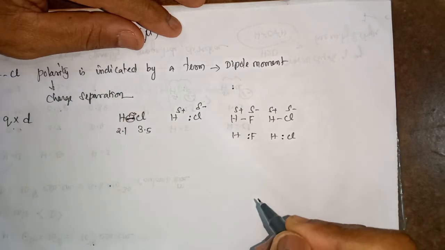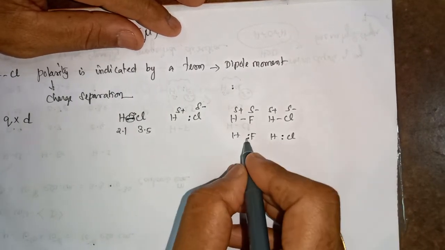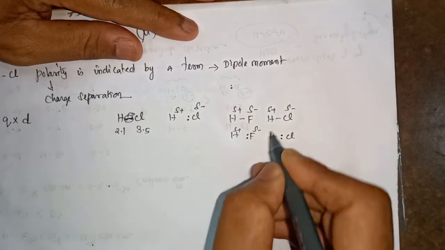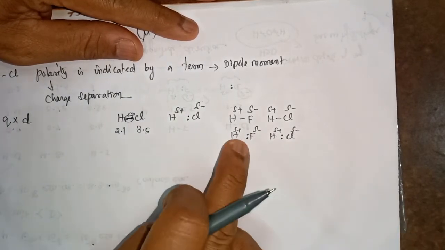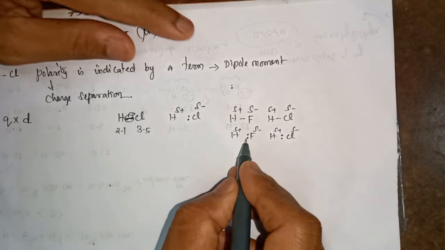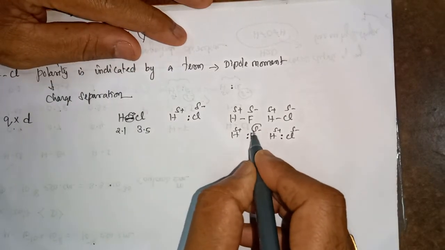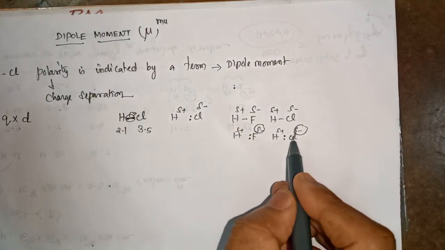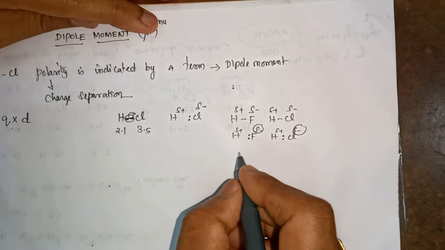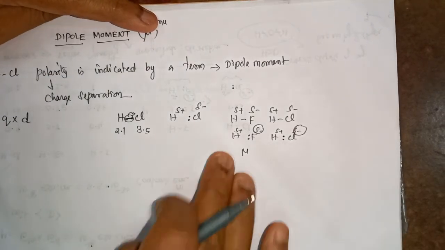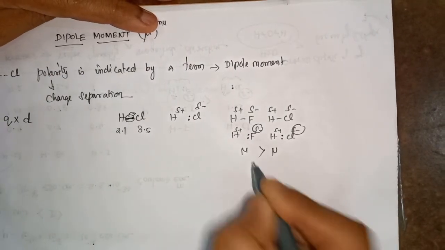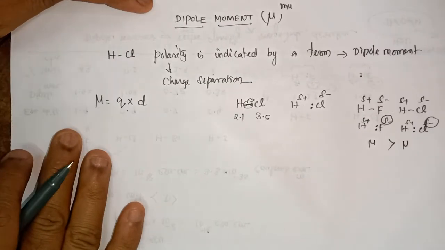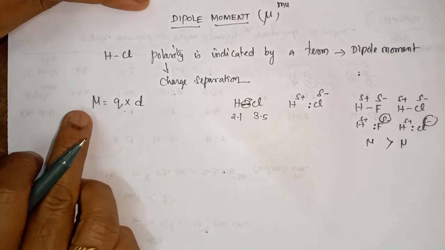So if you compare, HF has a higher negative value and HCl has a lower negative value. So HF has a higher dipole moment, and HCl has a lower dipole moment.